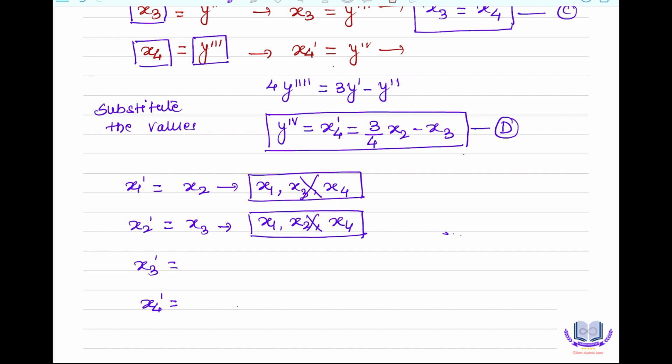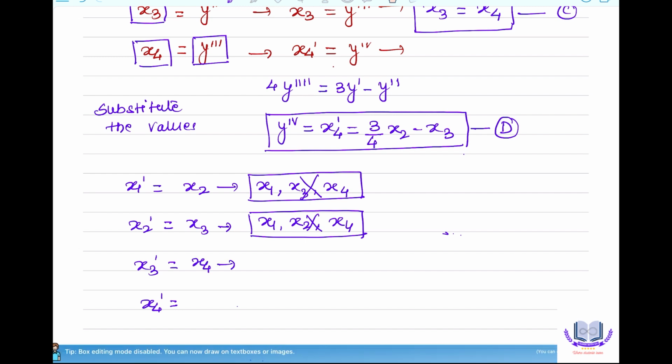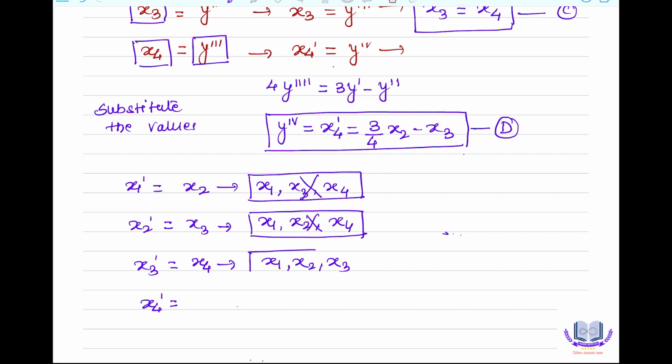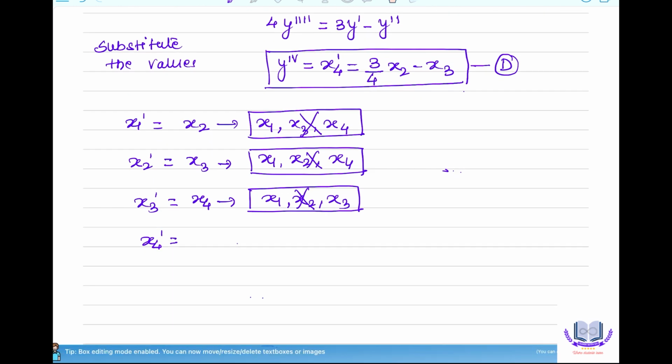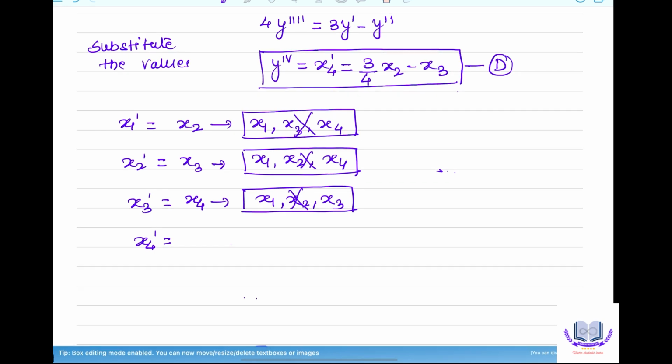Now what is x3 dash? x3 dash is x4. What is missing? x1, x2, x3. Why am I writing this? Because when you change the system of equations into matrix form, you will require everything. And what is x4 dash?